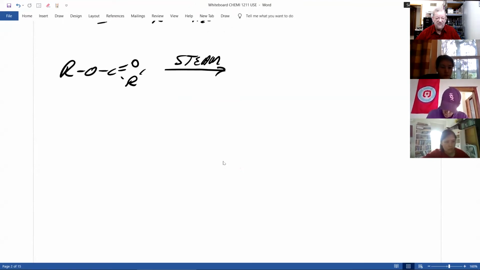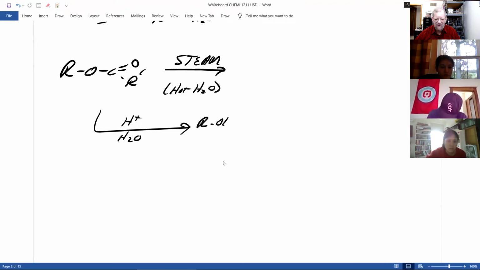And steam, remember, is hot water. Now, you learned that if you take acid and water, you'll get an alcohol plus a carboxylic acid from an ester. Well, guess what? Steam does the same thing.